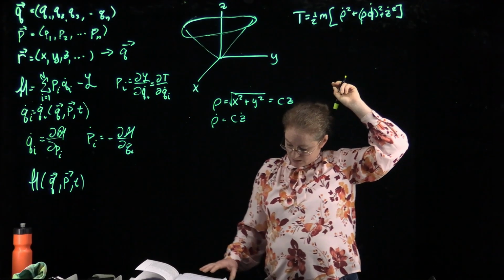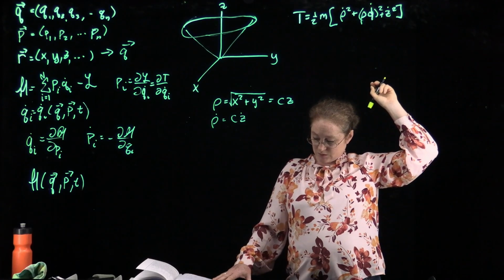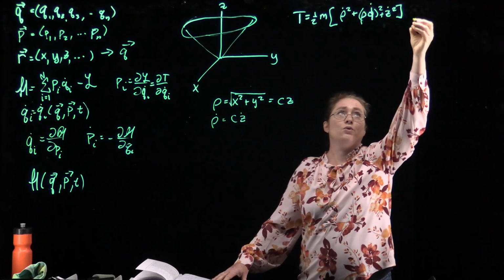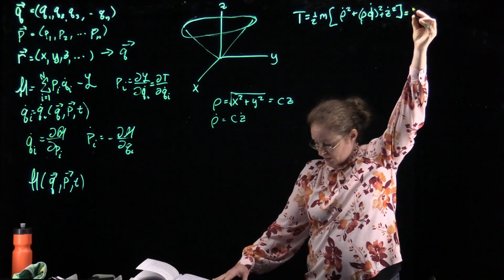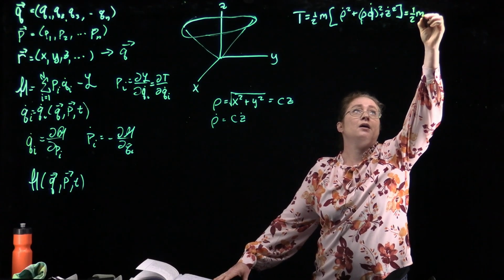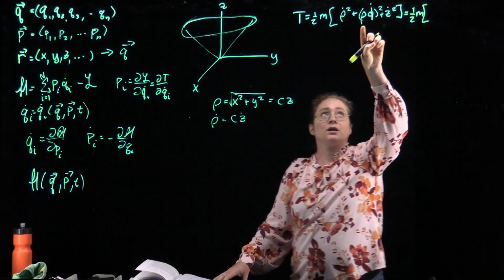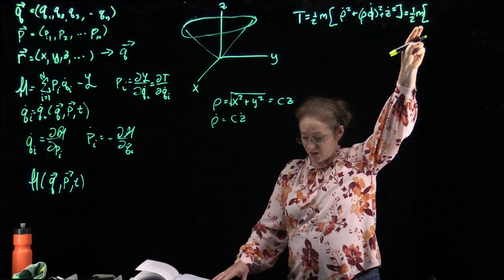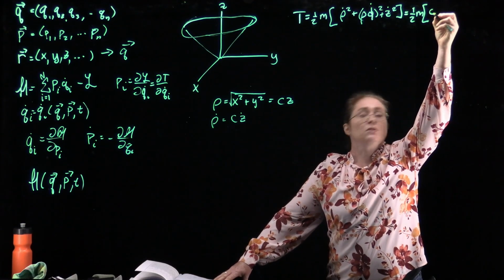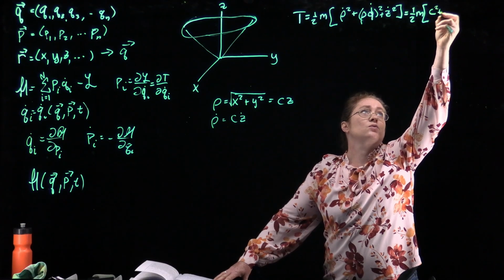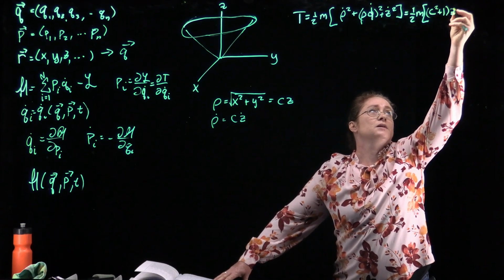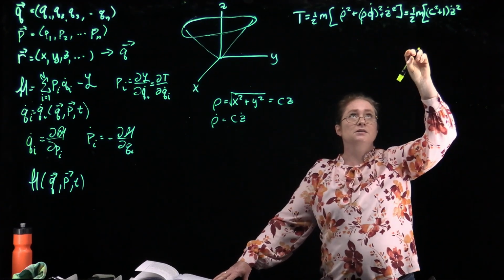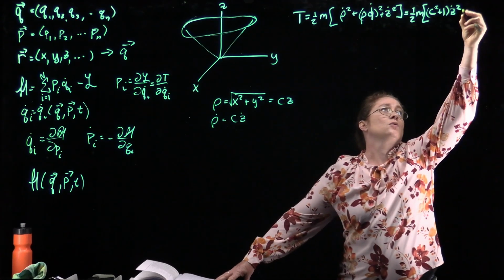We will use these two equations to eliminate rho from our kinetic energy. And we get 1/2 m times 1 plus c squared, z dot squared, and then here I get quantity c z phi dot squared.